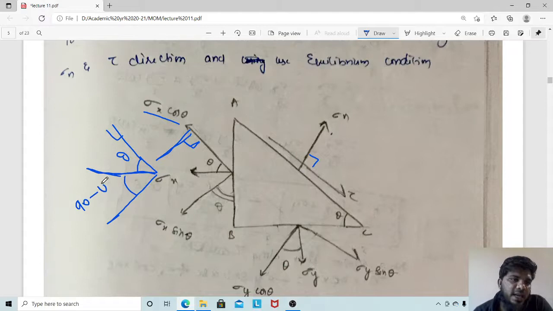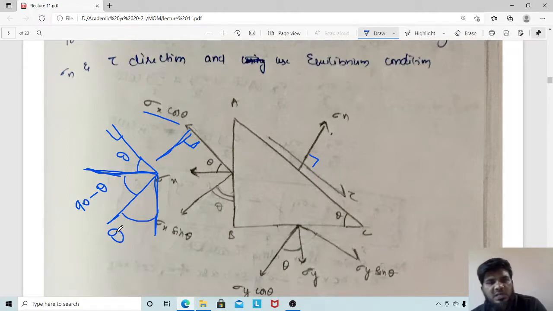Okay. Then after doing this, sigma y is again perpendicular, so I am drawing a line perpendicular to the horizontal. So this is my horizontal, this is my perpendicular. Obviously these two are at 90 degrees. So this is 90 minus theta, meaning obviously this angle will be theta. So I hope I am very clear with this.